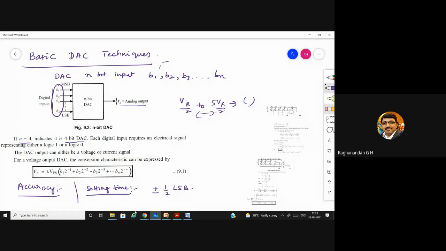Within this, if you get any value, the comparator is going to consider it as this output. In order to do that, it needs some time. That time is known as the setting time. It is the time required for a DAC output to settle within plus or minus half of LSB of the final value for a given digital input.